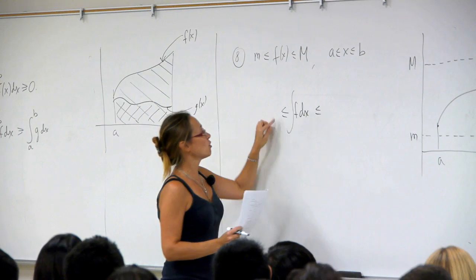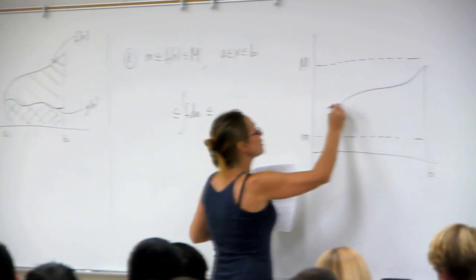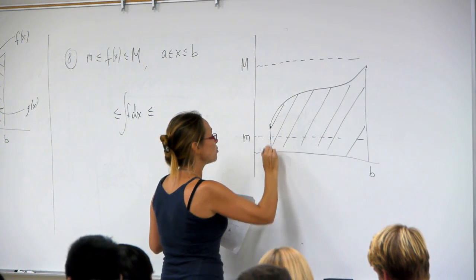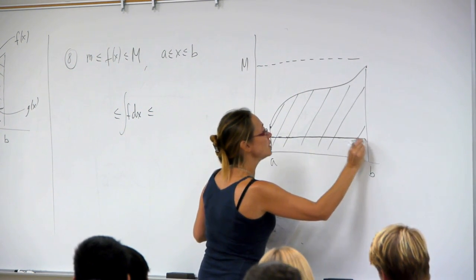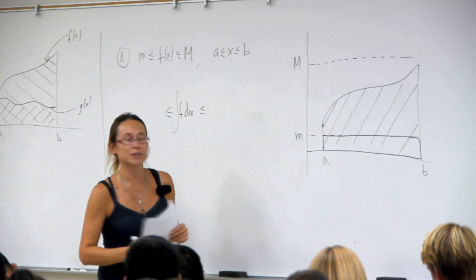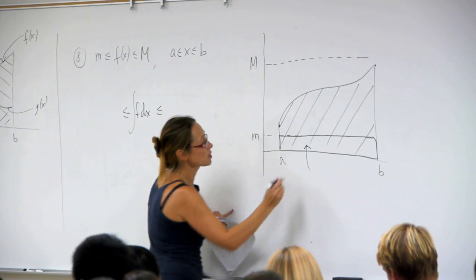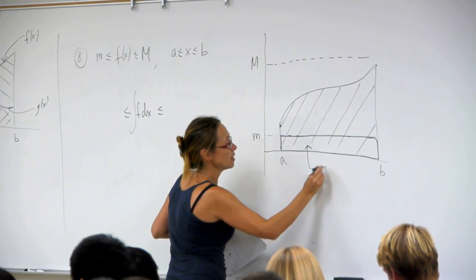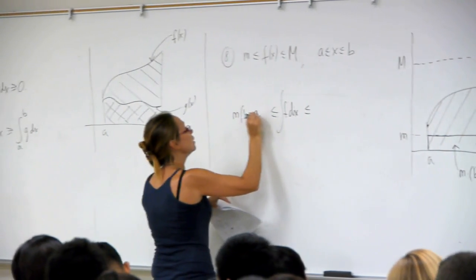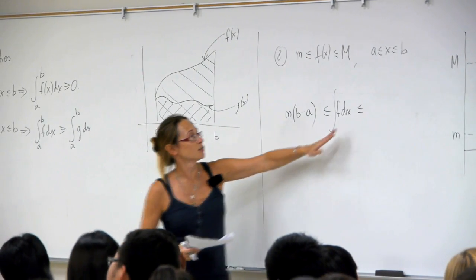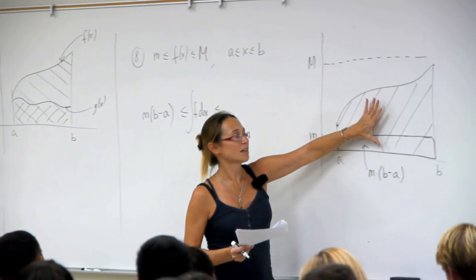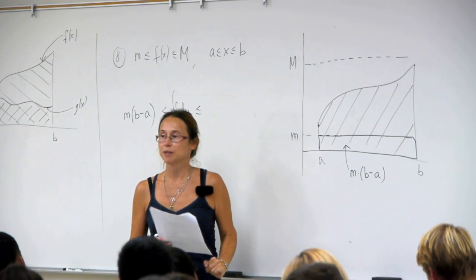What are these things? So the integral of f is this area. Now look at this box here. This is completely contained inside this bigger area. And the area of this box is m times b minus a. So I can see that the integral of f cannot be smaller than this box, right?